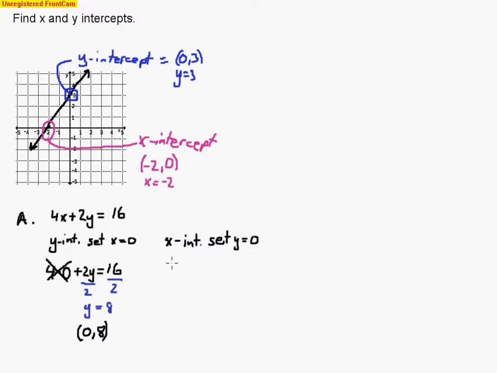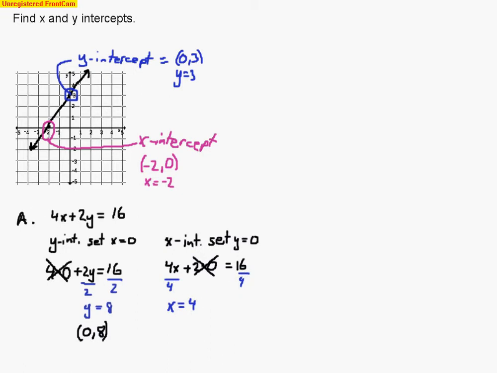We rewrite our equation, 4x plus, now we put 0 in for y, so plus 2 times 0 equals 16. Remember that 2 times 0 just cancels out, so all I'm left with is the coefficient of x. I'm going to divide by 4 on both sides, and now I'm just left with x equals 4. When I did that division, I ended up with 4.